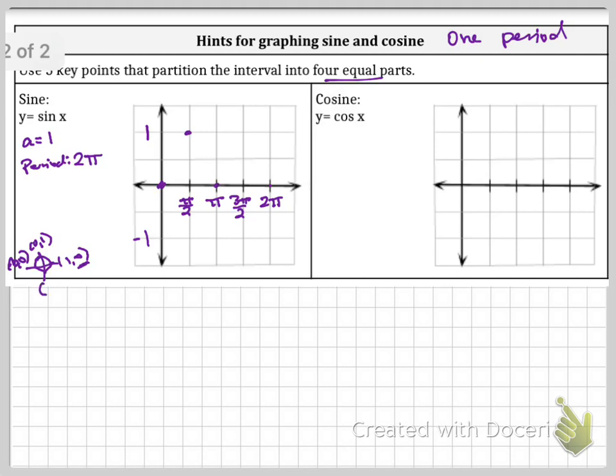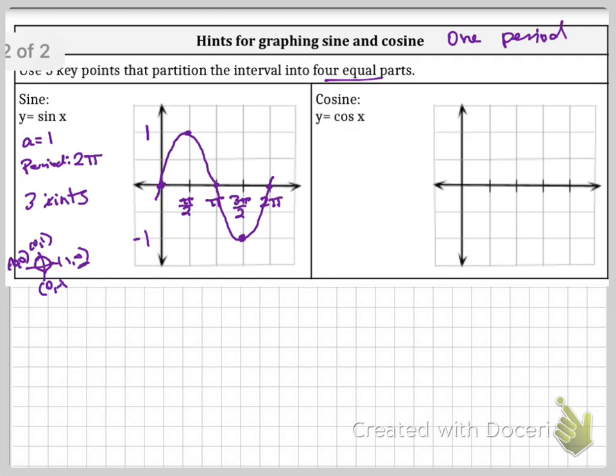Then at the bottom, at 3 pi over 2, it's 0, -1, so we're at -1 down here. Then back at 2 pi, we're back at 0. So here's one entire period of the sine curve. That is exactly what I need to see for sine. We have 3 x-intercepts for the sine curve.